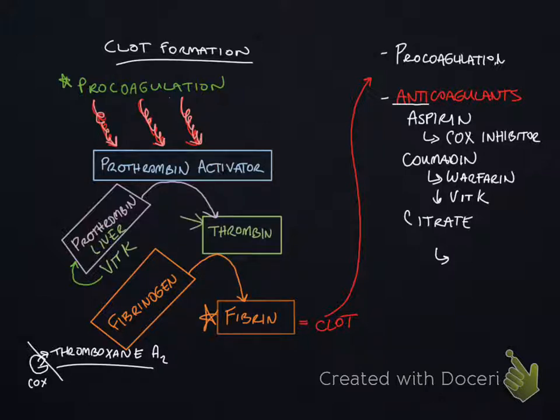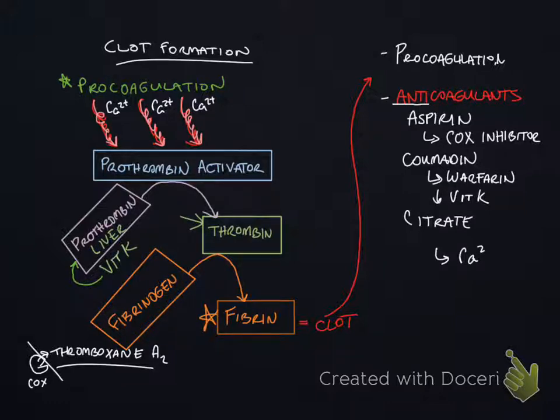Okay? What about citrate? Citrate is also an anticoagulant. They often give you citrate whenever you donate plasma. Well, citrate deals with calcium, so it keeps calcium from being absorbed. Calcium is needed in nearly every single one of these chemical cascade pathways.